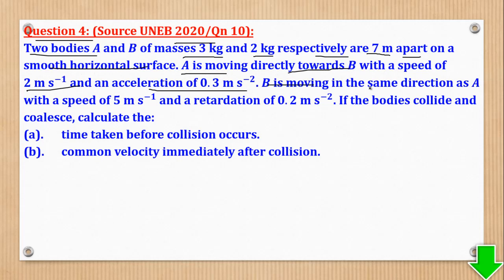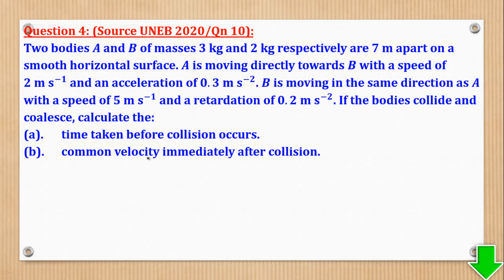B is moving in the same direction as A with a speed of 5 meters per second and a retardation of 0.2 meters per second squared. If the bodies collide and coalesce, calculate the time taken before collision occurs and the common velocity immediately after impact.